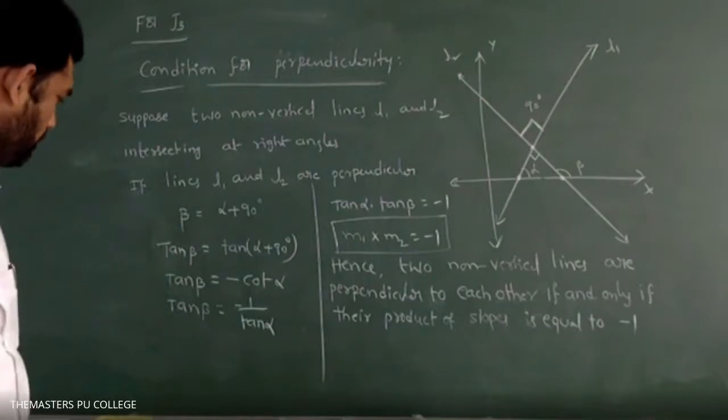Note down first. Parallel means what? What is the parallel condition? Slopes are equal. Perpendicular means the product of slopes is equal to minus 1. Note down first.